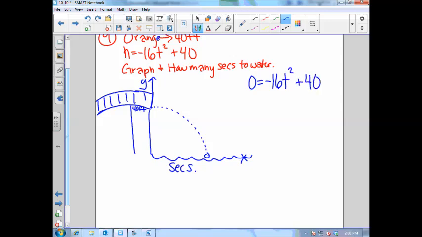So you just solve it for time, just like we did on the last problem. Make sure when you write your answer, you say t equals, and what's the unit that goes with it? Seconds. Story problems have to have a unit.